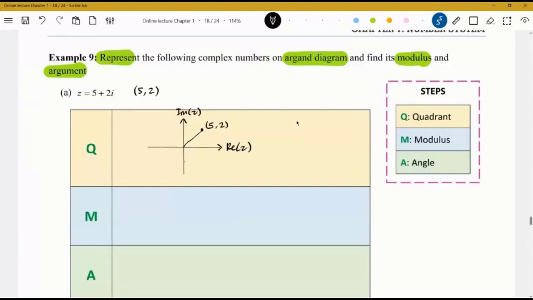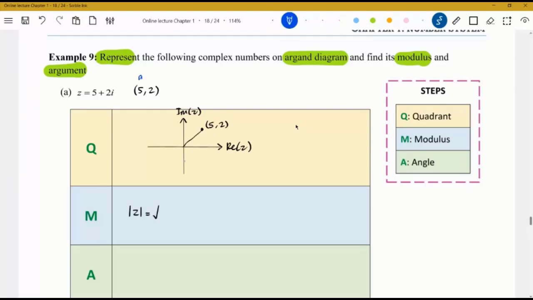Okay, so untuk Argand diagram settle. Now we have to find the modulus. So modulus of z, kita tahu formula dia adalah square root of a square plus b square. Ini adalah a kita, ini adalah b kita. So it's gonna be 5 square plus 2 square. So end up we gonna have the square root of 29. Okay, so ini tak boleh simplify. So we just leave it like that. Kalau boleh simplify to the simplest form, kita akan kecilkan selagi boleh.